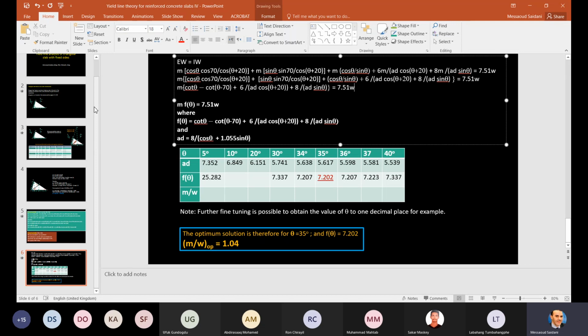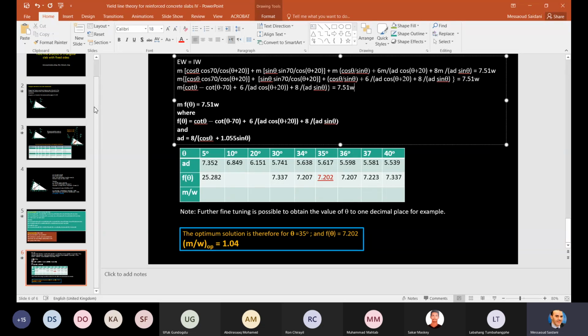So go through the examples that we did in class, go through the lecture notes, and you will be absolutely fine for the exam. I'm talking about my part of the exam. David will tell you a little bit more about his part, but for my part, that's all you need to know. You will have one question where you will be asked to determine the plastic and the elastic section modulus and the shape factor.